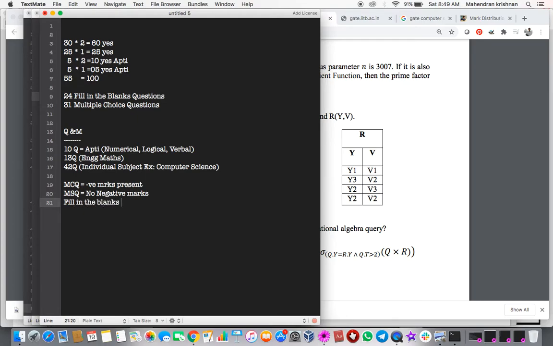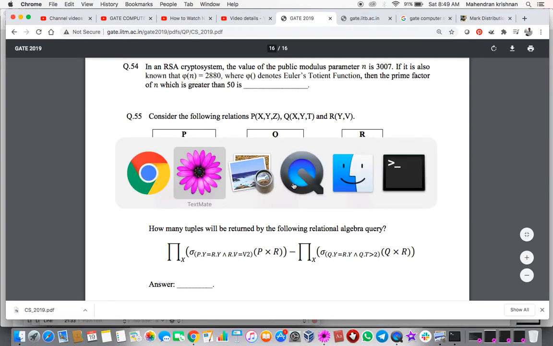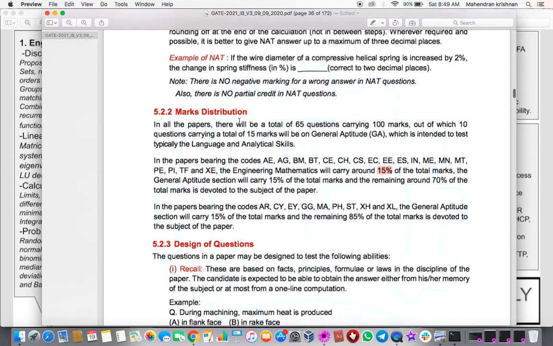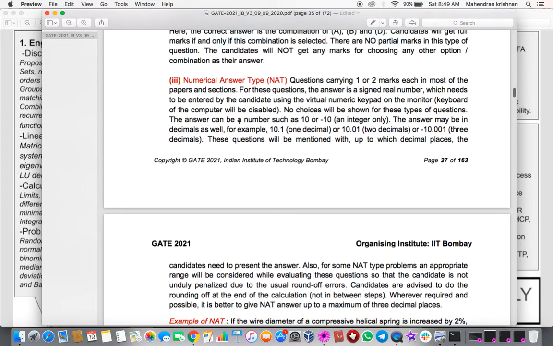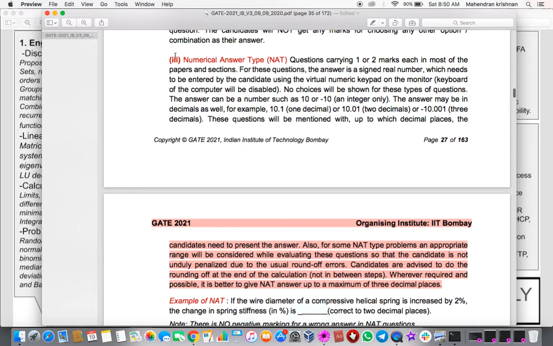Fill in the blanks, no negative. Numerical type, there is no negative mark in this NAT. Its negative marks is not mentioned here, correct? In NAT, numerical answer type. This is fill in the blanks.